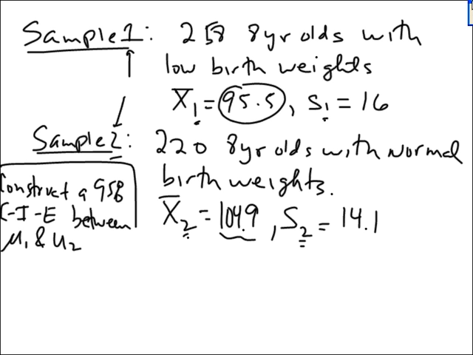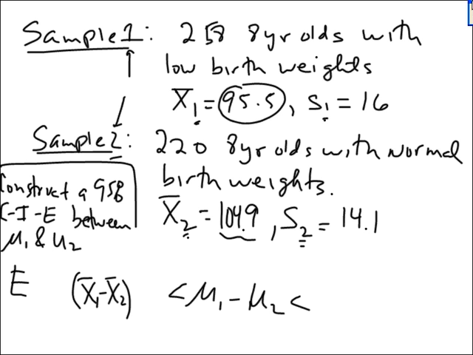Okay. So we need to calculate, say, E. Remember, it's going to be mu1 minus mu2 is in between x1 bar minus x2 bar. We have the x1 bar and the x2 bar minus E, which we have to find.